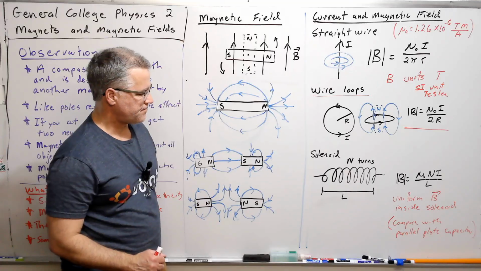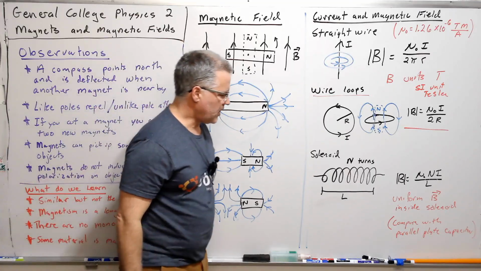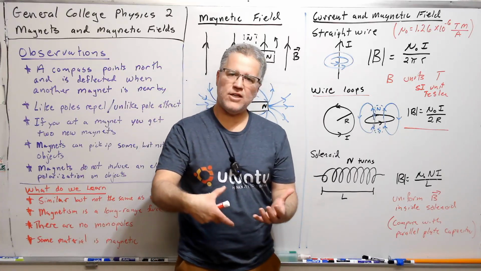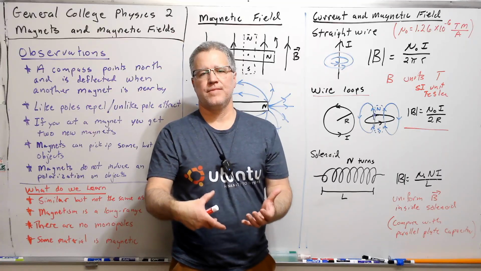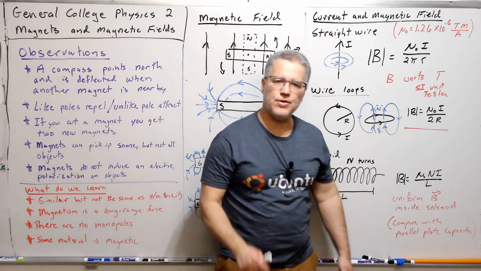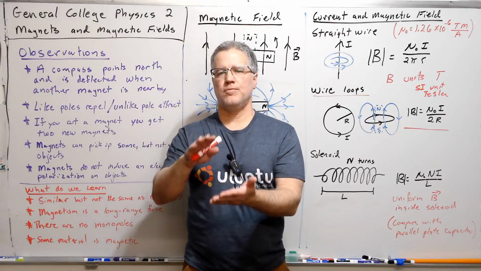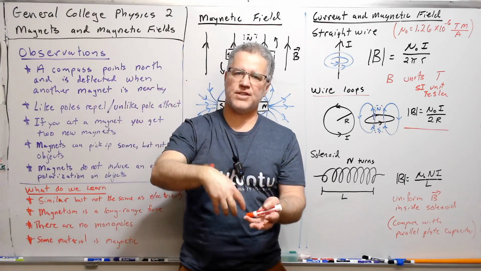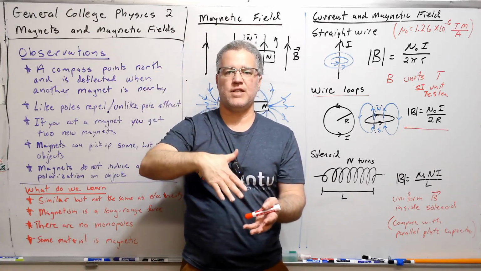Now, what's so important about the solenoid is that inside the solenoid, we have a uniform magnetic field. And so compare this to the parallel plate capacitor. The parallel plate capacitor was so useful as a model in physics because it's the device that has a uniform electric field.